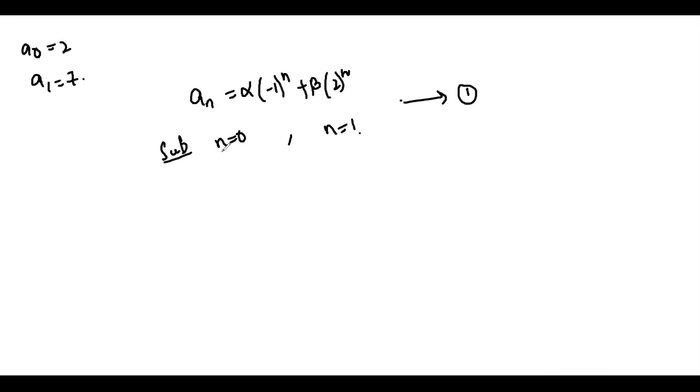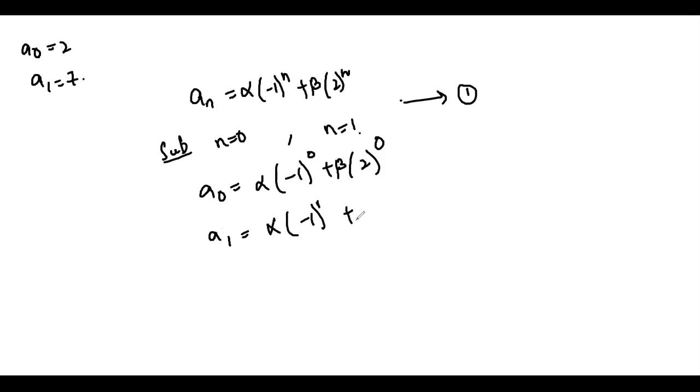Now substitute n is equal to 0 and n is equal to 1. So a0 will be alpha into (-1)^0 plus beta into 2^0, and a1 will be alpha into (-1)^1 plus beta into 2^1.